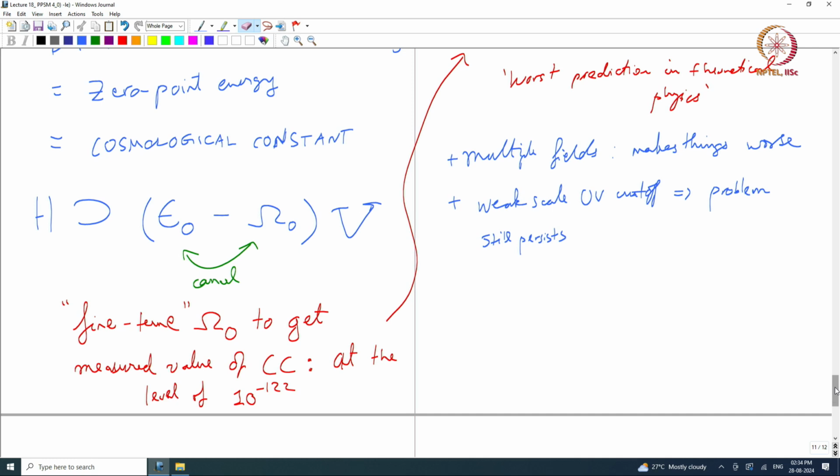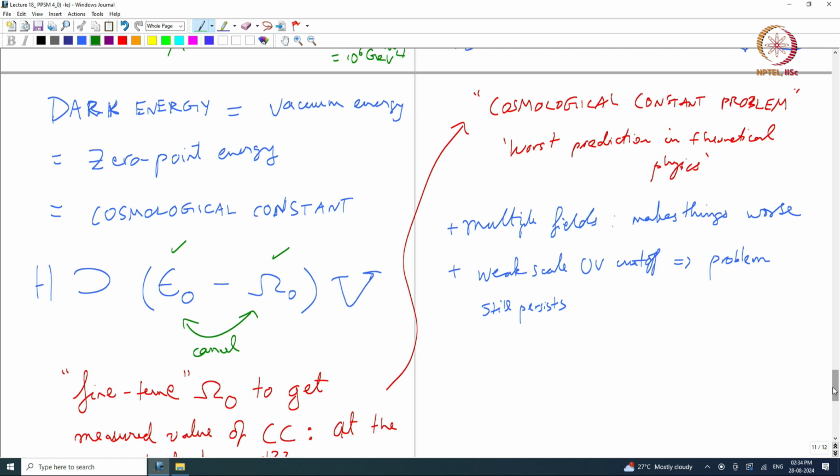There's one more thing here. I told you that these two terms seem to be two different contributions to the total dark energy density, right? The bare term, sometimes people call this the bare cosmological constant, okay? So I'll just write that.